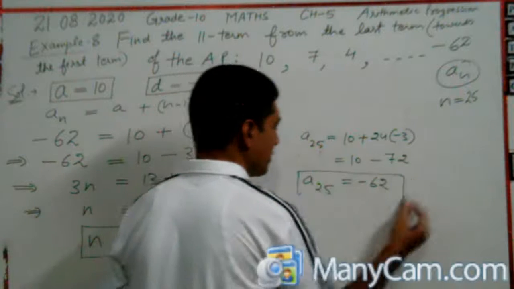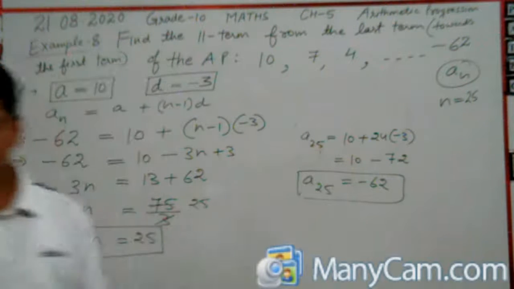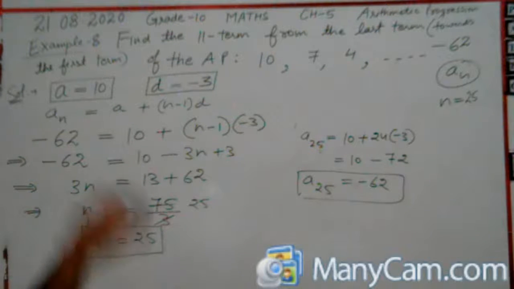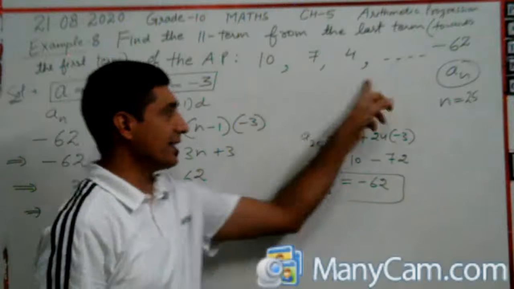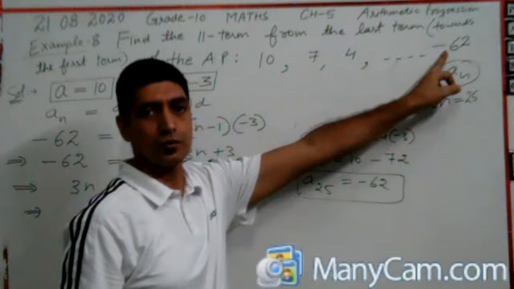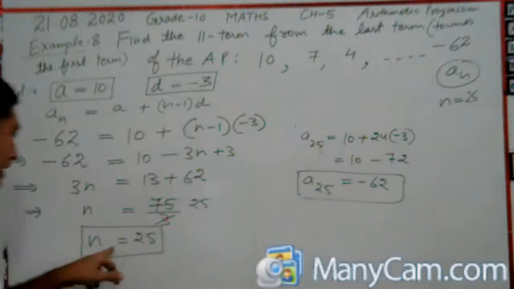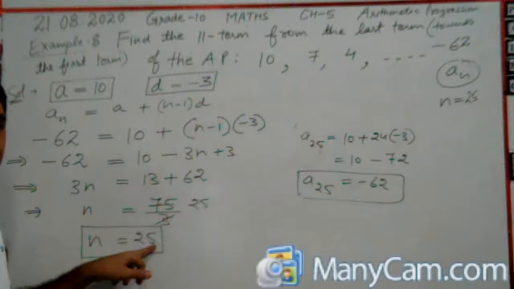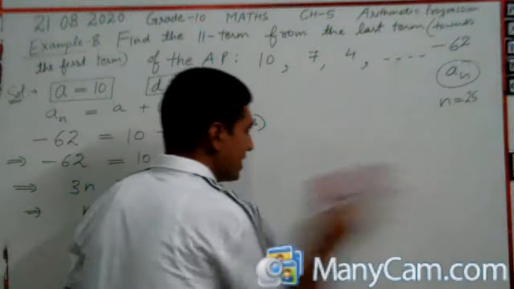It is just a confirmation, no need to write it, just for you. I have confirmed that in this AP, the 25th term is minus 62. But we are interested in finding n, so we found the value of n as 25, right? So I am erasing this.